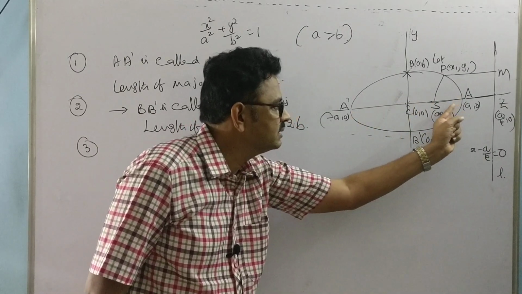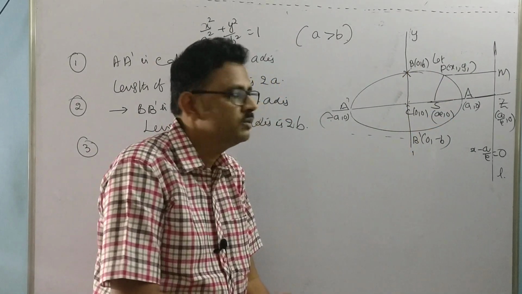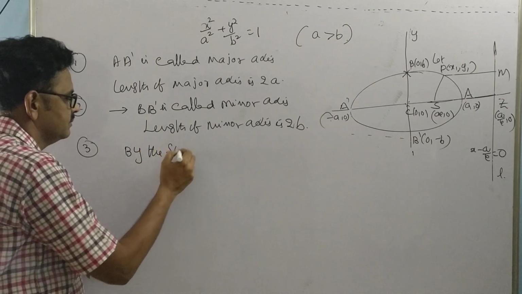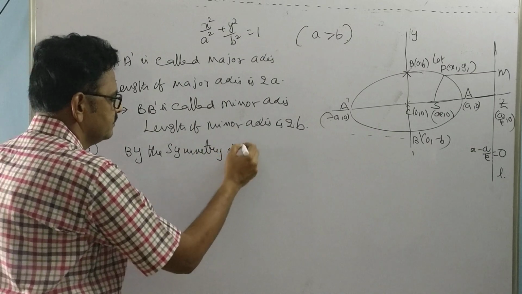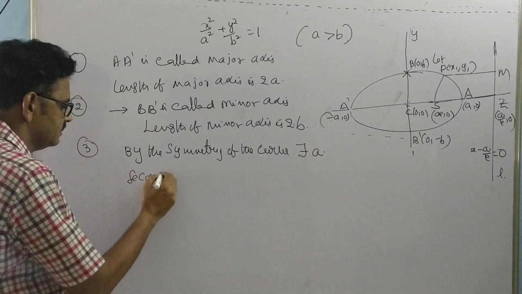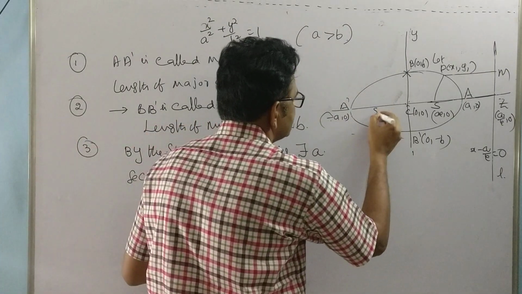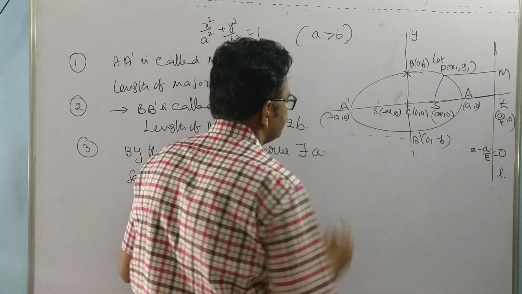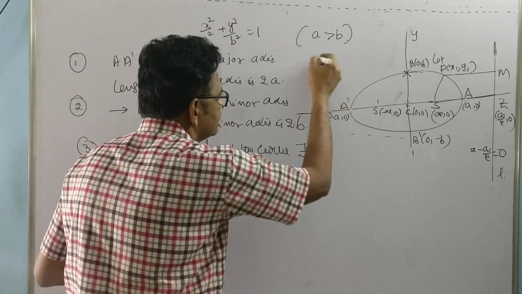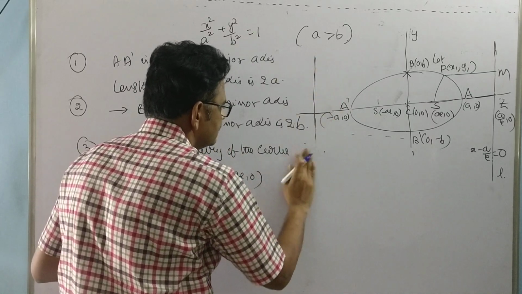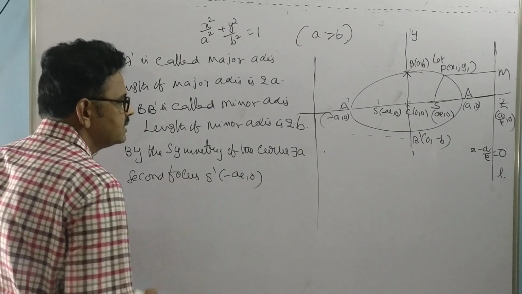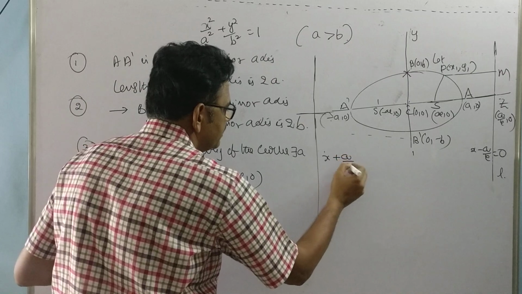So since the curve is symmetric about both the axes, write down third point: by the symmetry of the curve, there exists a second focus S dash minus a e comma 0 and the corresponding directrix x plus a by e equal to 0.